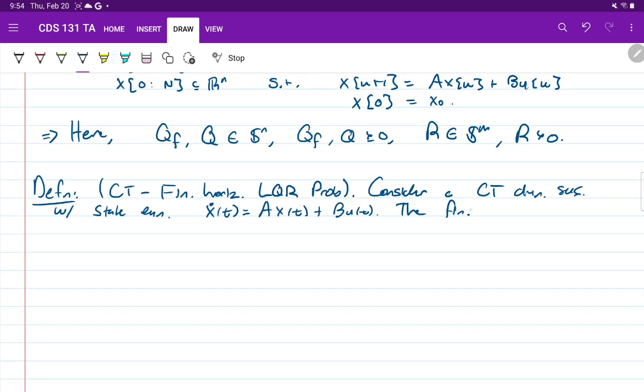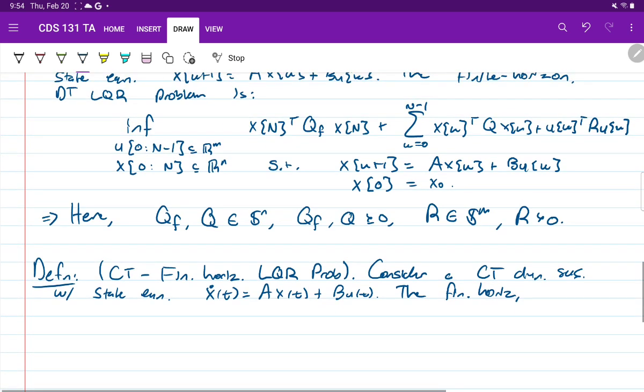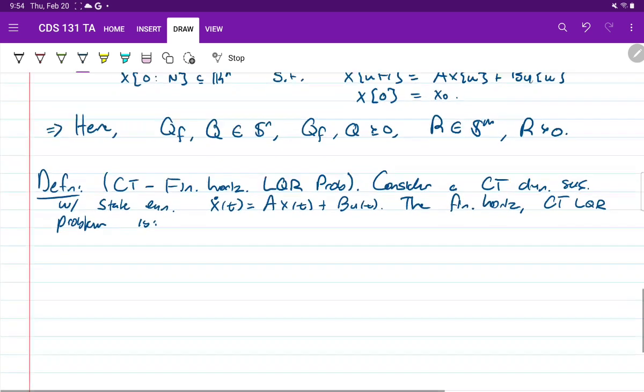Now the finite horizon continuous time LQR problem is the following.